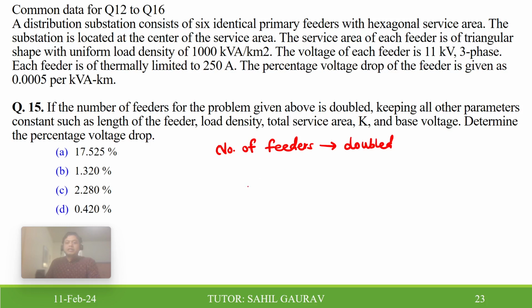If the number of feeders gets doubled, it causes the load under a feeder to be reduced by half, which results in the voltage drop being reduced by half. Therefore, the new percentage voltage drop will also be reduced by half.